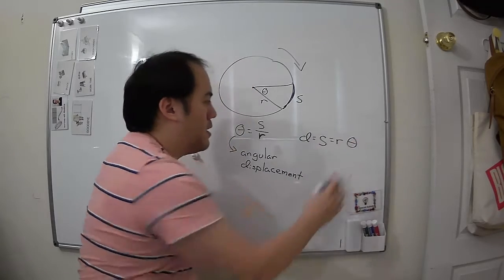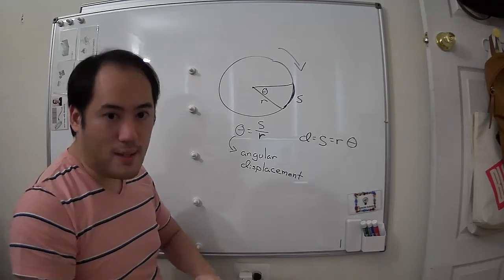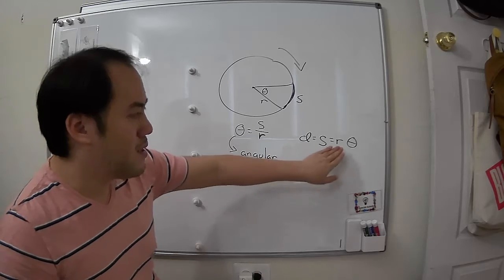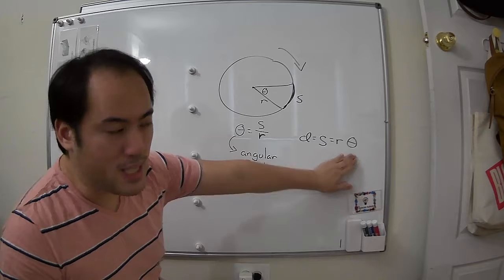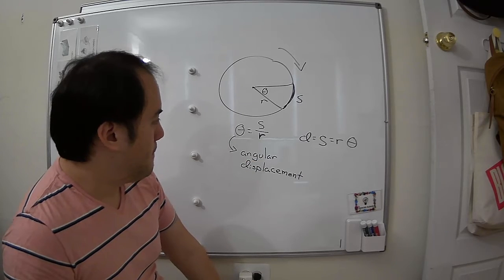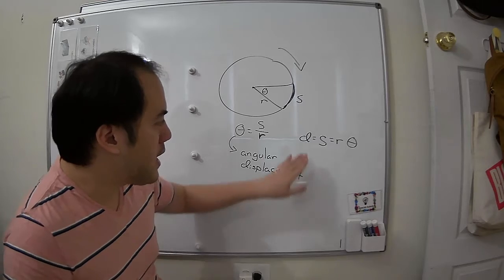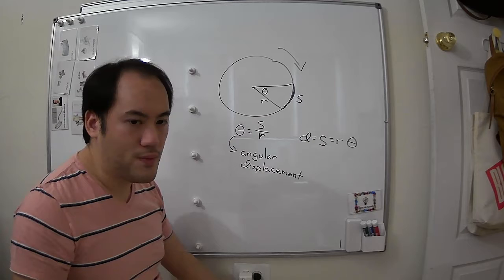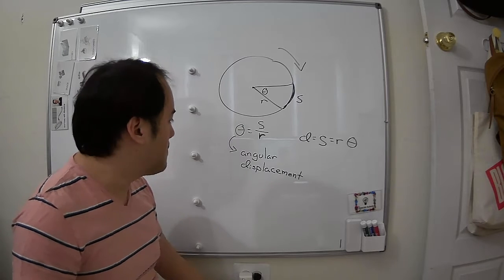So d is r theta. Here's a big idea we'll see all throughout this unit. Displacement is r times angular displacement, or rotational displacement. We'll see how the linear and the angular are related all throughout this unit, all the time.